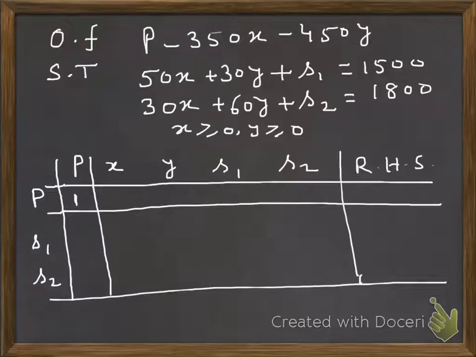You can see the coefficient of P here as 1. Coefficient of X in P line is minus 350, so we write minus 350. Same way for Y, the coefficient is minus 450.